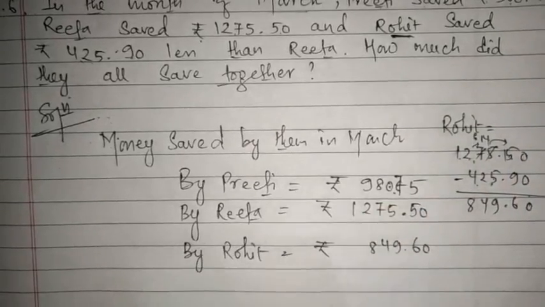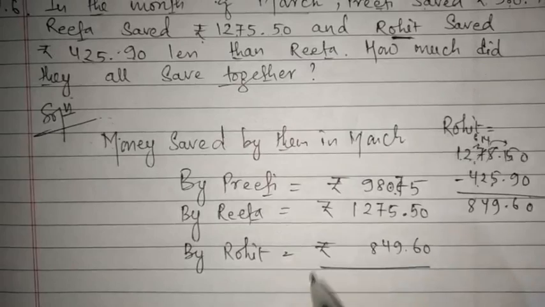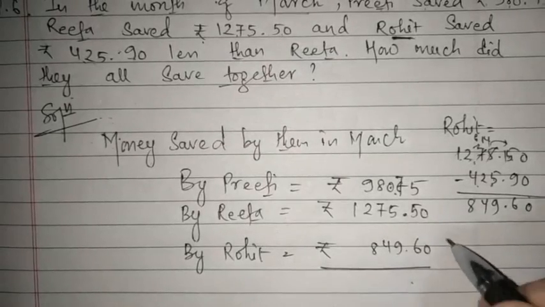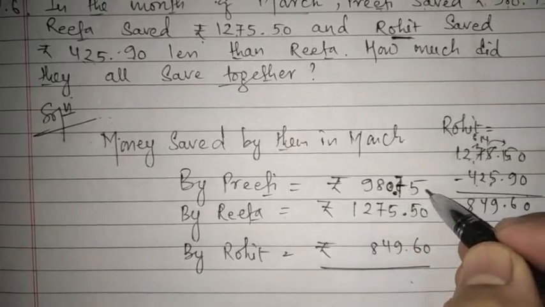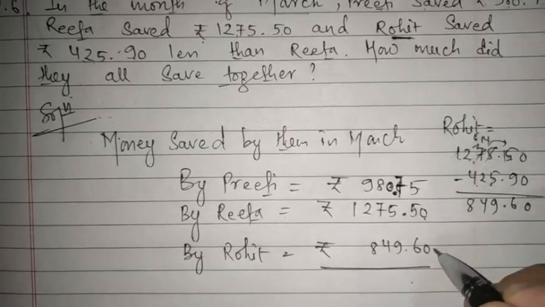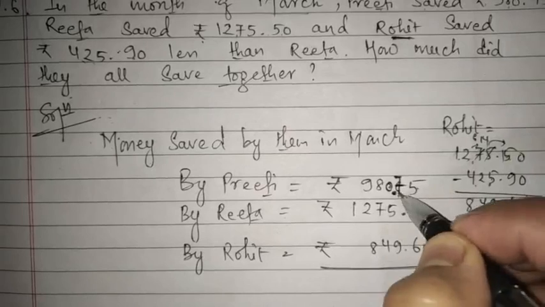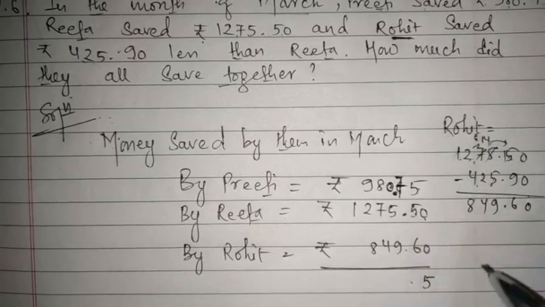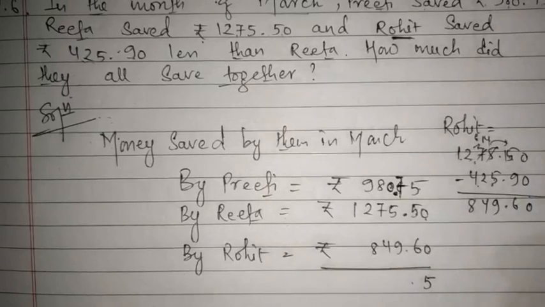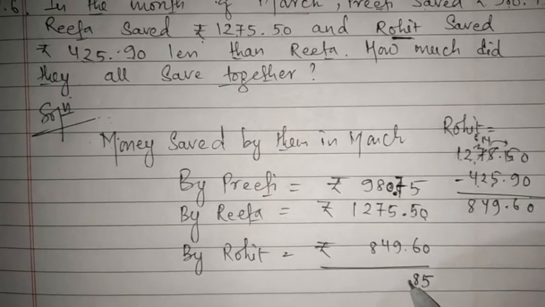So money saved by them is, let's do the calculation. A little bit here I have messed up, so no issue. 5 plus 0 is 5. 5 plus 0 again is 5. 7 plus 5 is 12. 12 plus 6 is 18. So point here, 1 in hand.